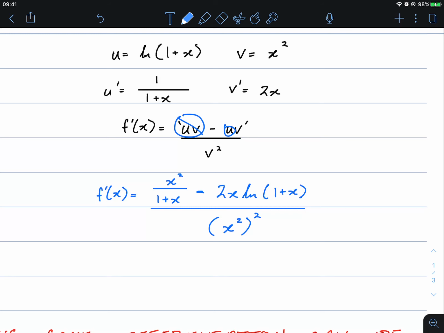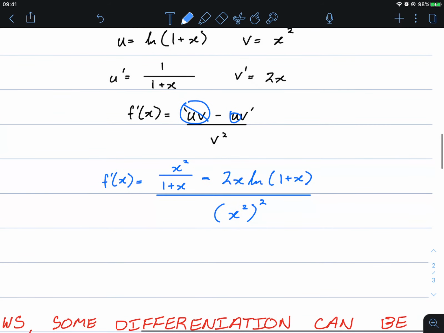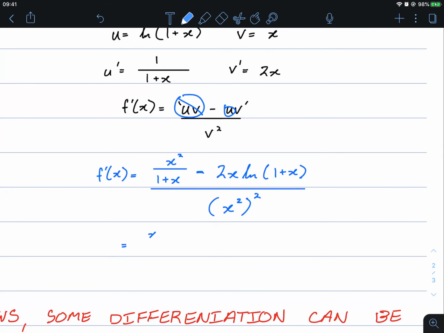I'm going to separate these into two separate fractions. This is going to be x squared on 1 plus x divided by x to the power of 4, minus 2x ln of 1 plus x divided by x to the power of 4.